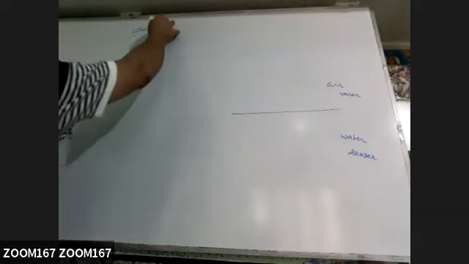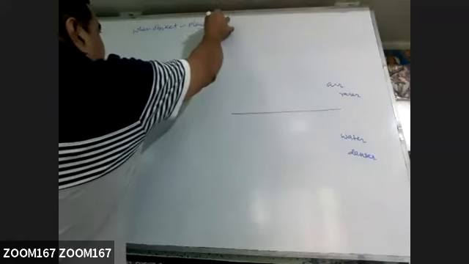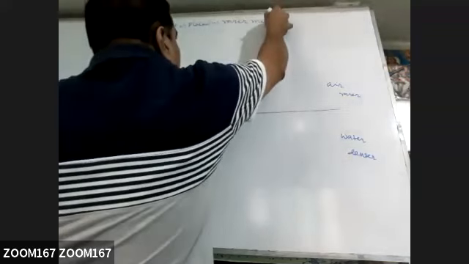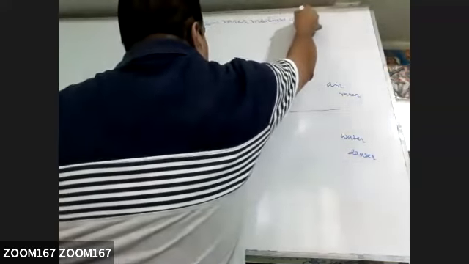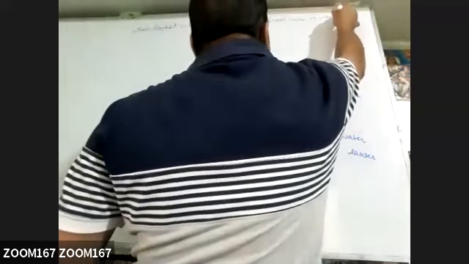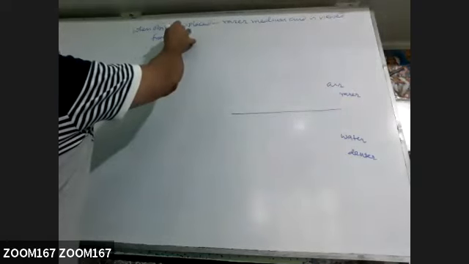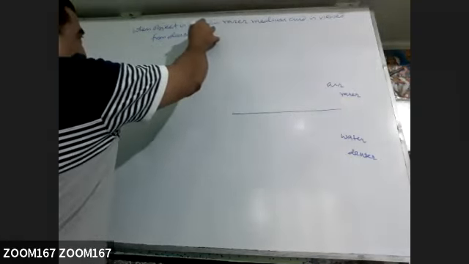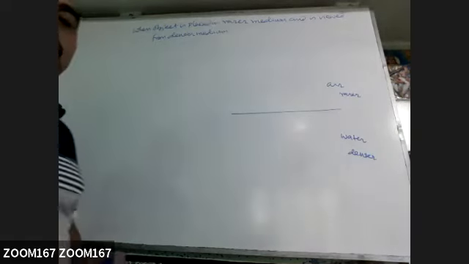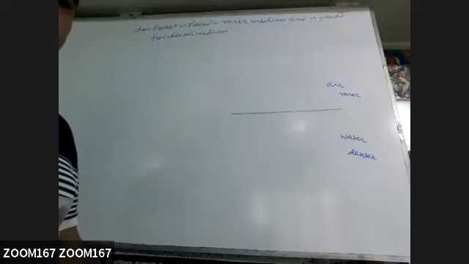So when the object is placed in the rarer medium and is viewed from the denser medium, like a star: the star is in vacuum and we are in air.